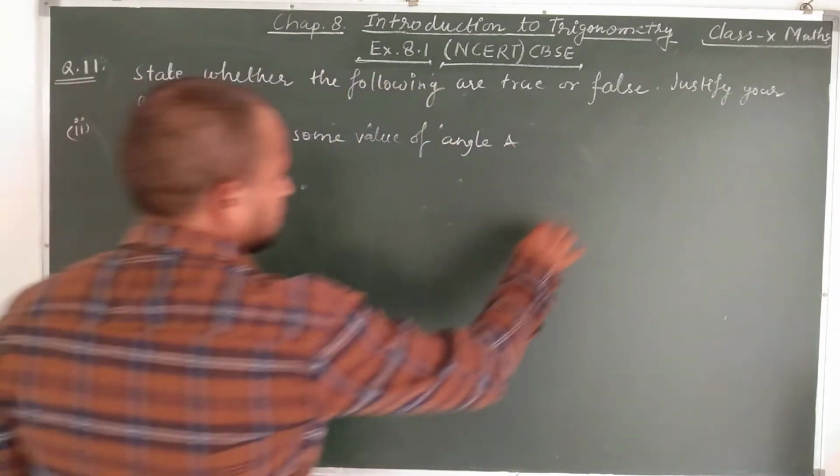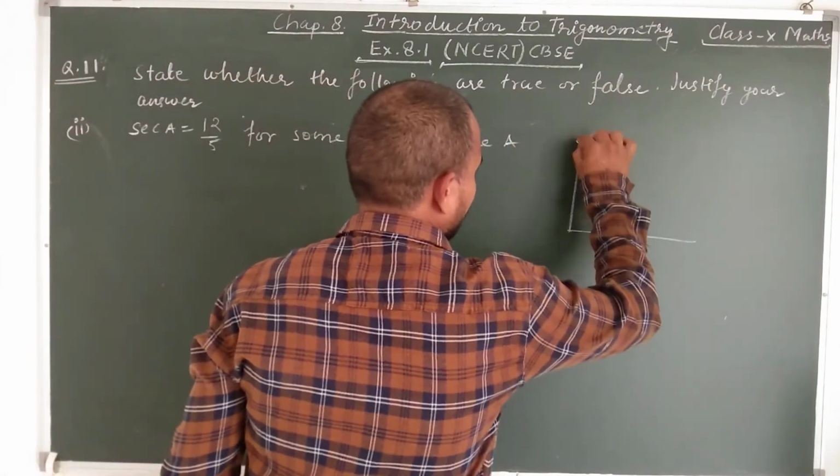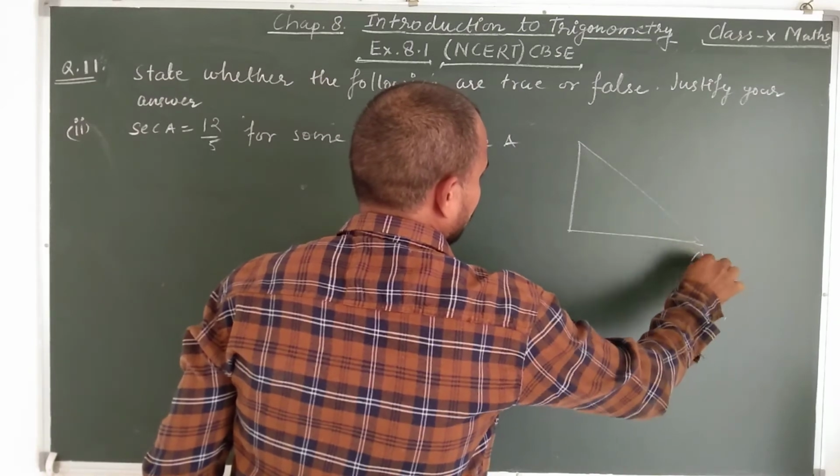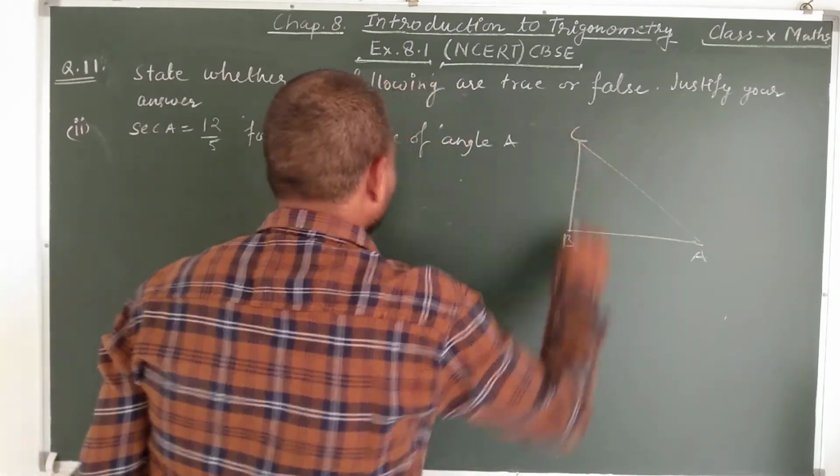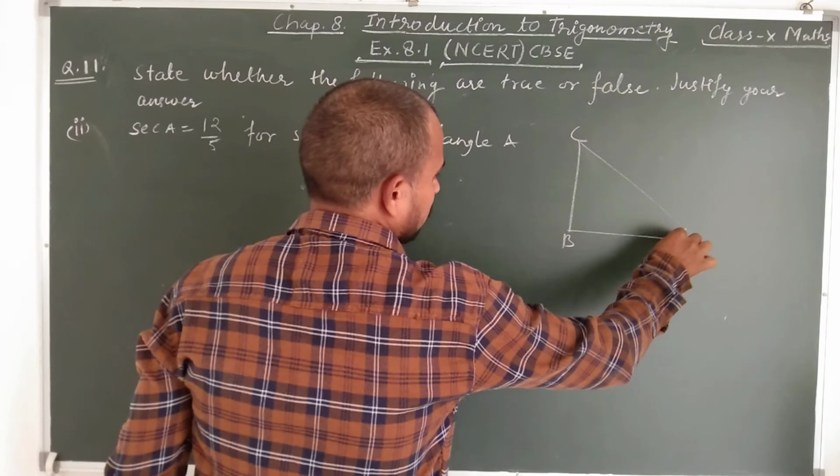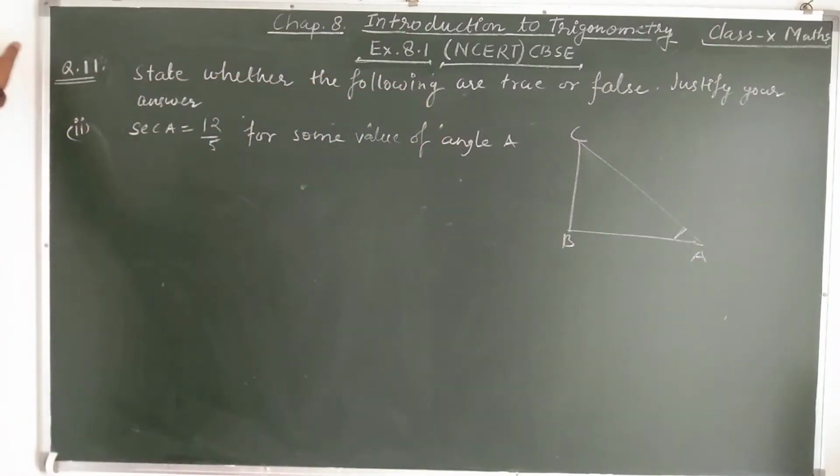Sec A, suppose we have a triangle with vertices A, B and C. So this is angle A.